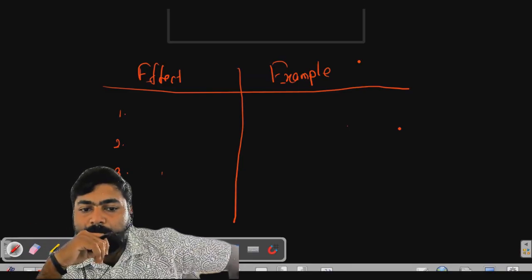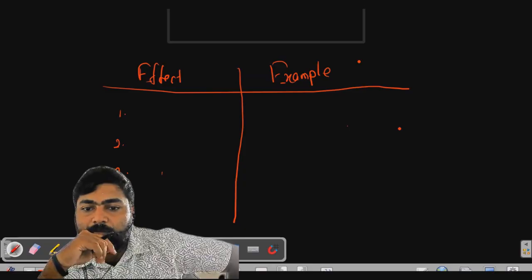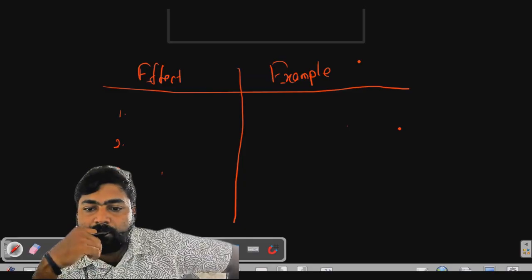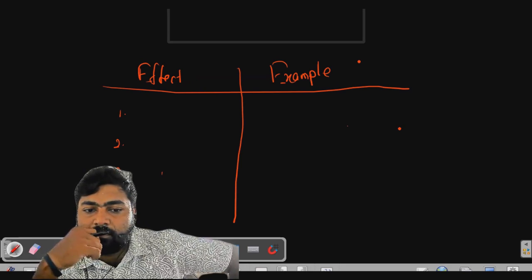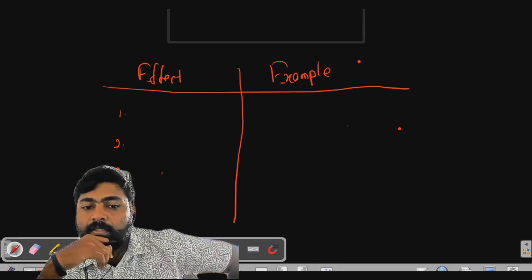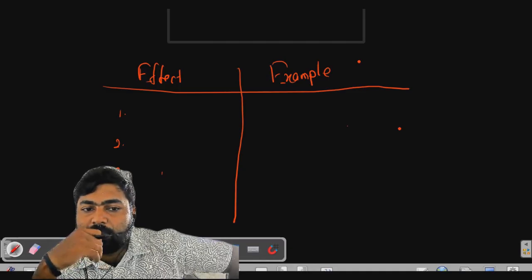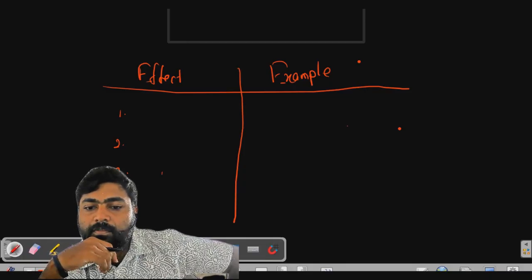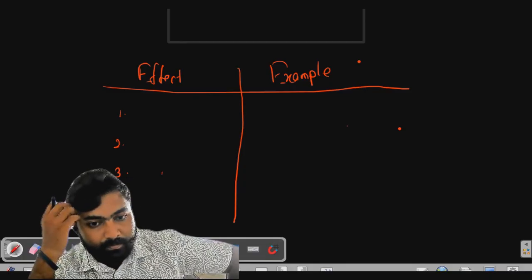Stop motion. Then the third one. Change speed.